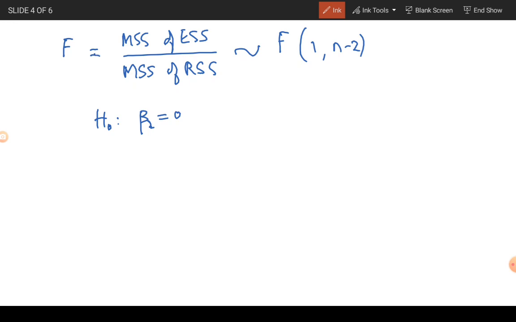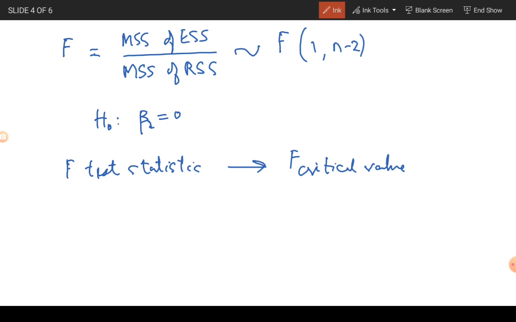So once you have calculated your F test statistic, find the F critical value from the table using the degrees of freedom information, and if your test statistic is greater than this critical value or falls in the critical region, you reject the null hypothesis that beta 2 equal to 0, and you are saying that beta 2 is statistically significant, which means that the variable associated with beta 2, that is xi, has a statistically significant impact on the y variable taken in the regression equation.